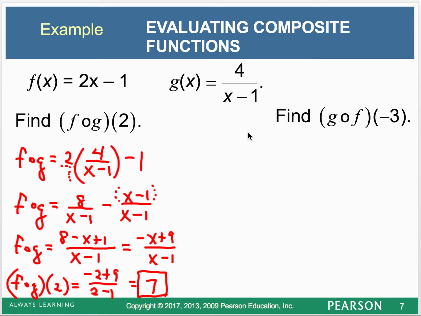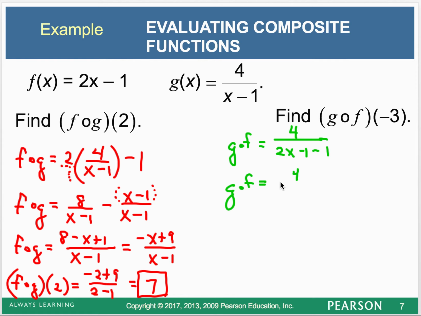Same thing here, except we're doing g of f, so we're going to start with the function g, and I'm going to plug f into it everywhere there's an x. So 4 over, oh, there's an x, so I need to make that 2x minus 1, and then finish my original equation there. So there's g of f.